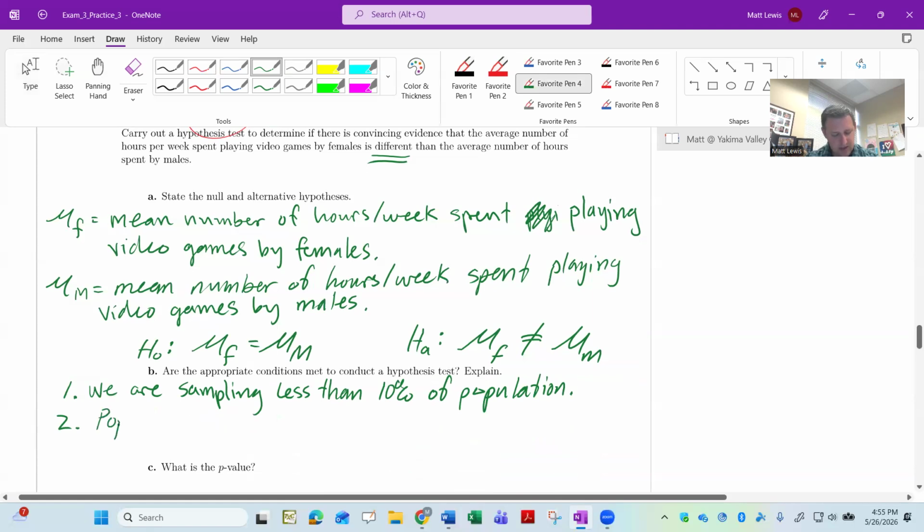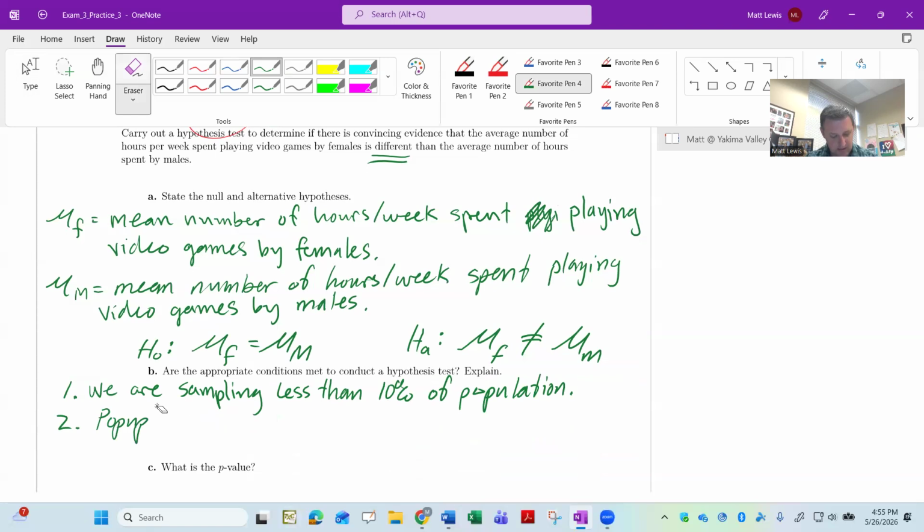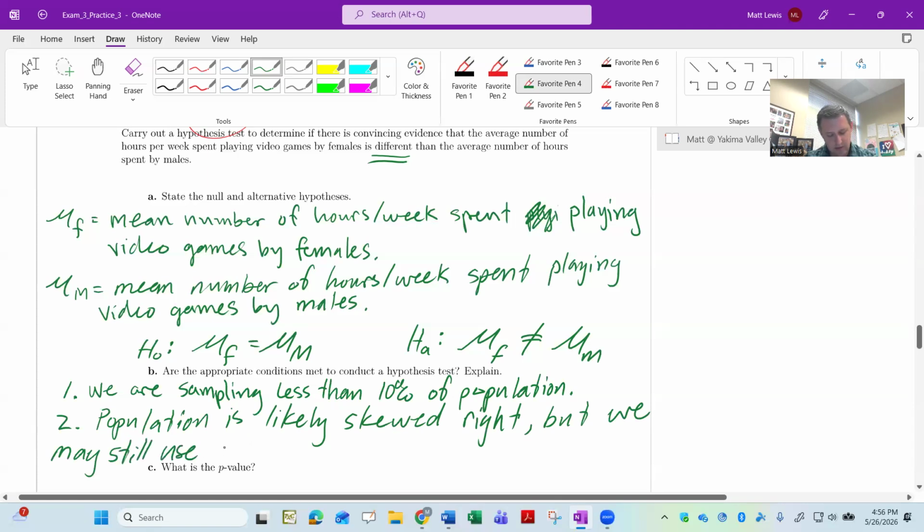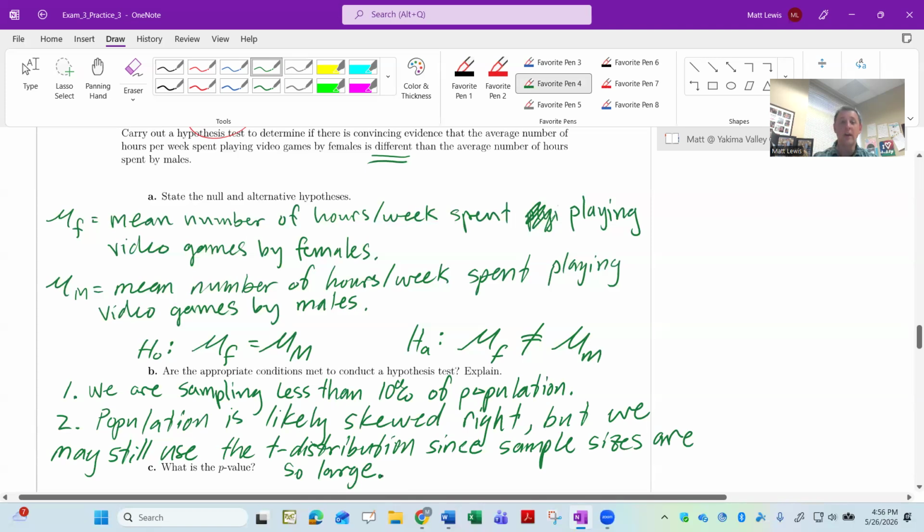So we'll just say this: the population is likely skewed right, but we may still use the t distribution for our hypothesis test since the sample sizes are so large. Right? So we're okay on our conditions because of that.